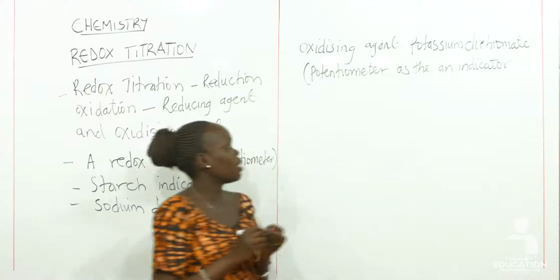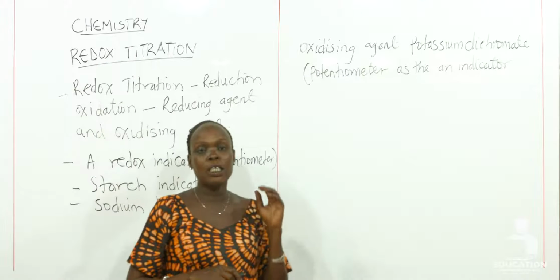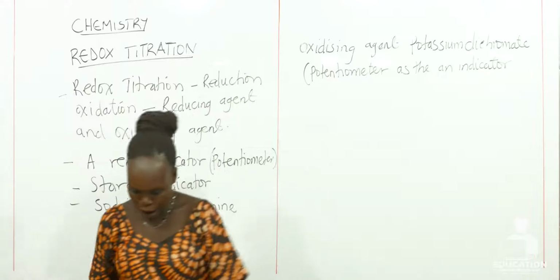So we have the first indicator. We use it when potassium dichromate is the oxidizing agent.